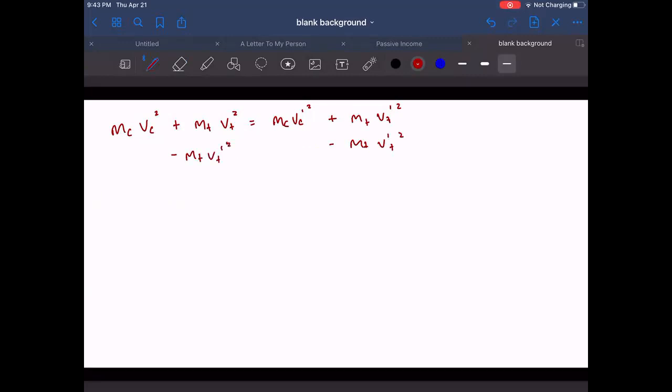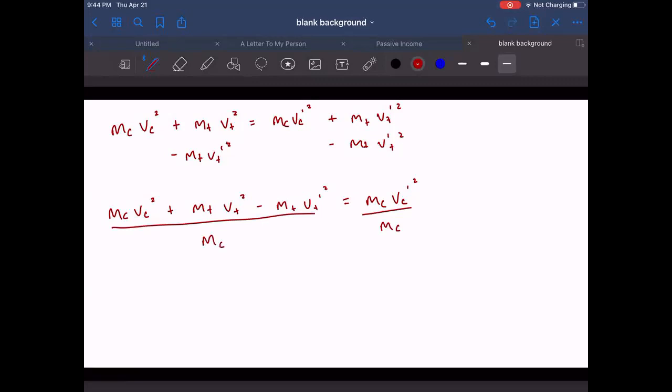VT prime squared rather. And so you have MC VC squared plus MT VT squared minus MT VT prime squared equals MC, like that. This is just algebra, of course. Remember, we're just isolating that thing. So then we would divide both sides by MC, right?